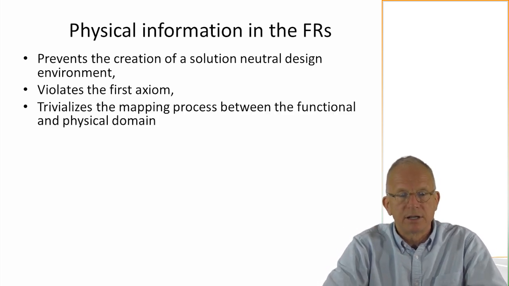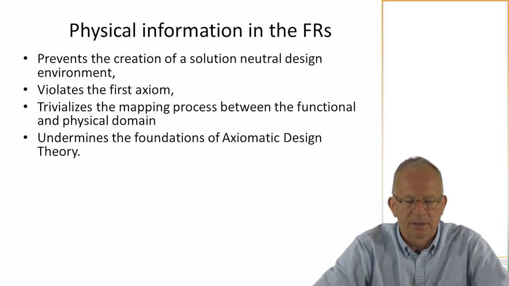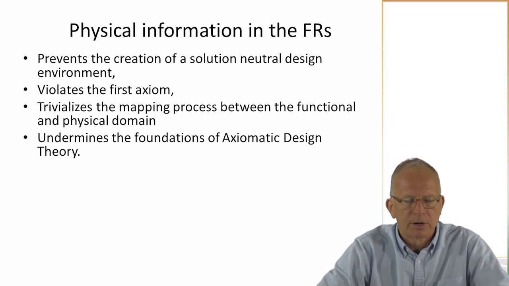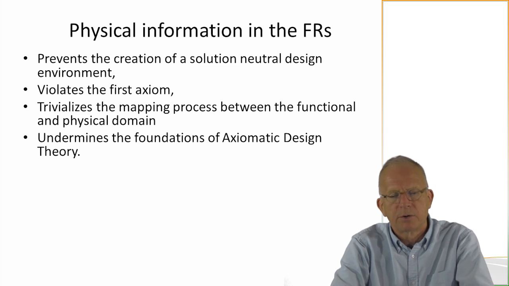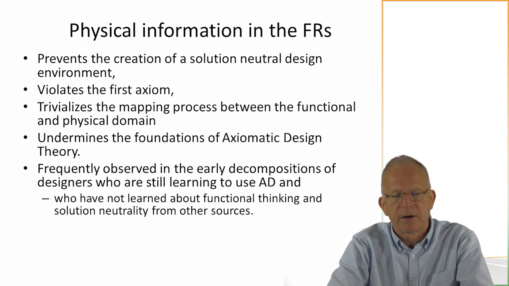And she says it trivializes the mapping process between the functional and physical domain, which is true, because then there is no information essentially added, nothing extra done when you select the physical solution when it already appears in the FR. So it undermines the foundations of axiomatic design theory.